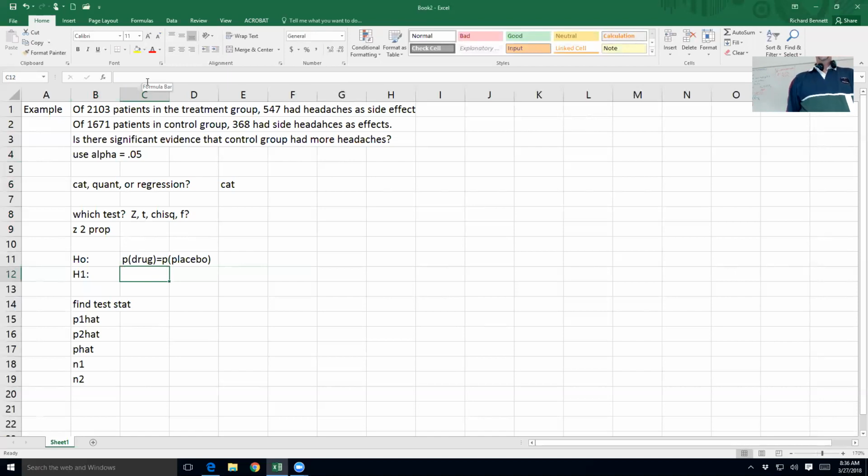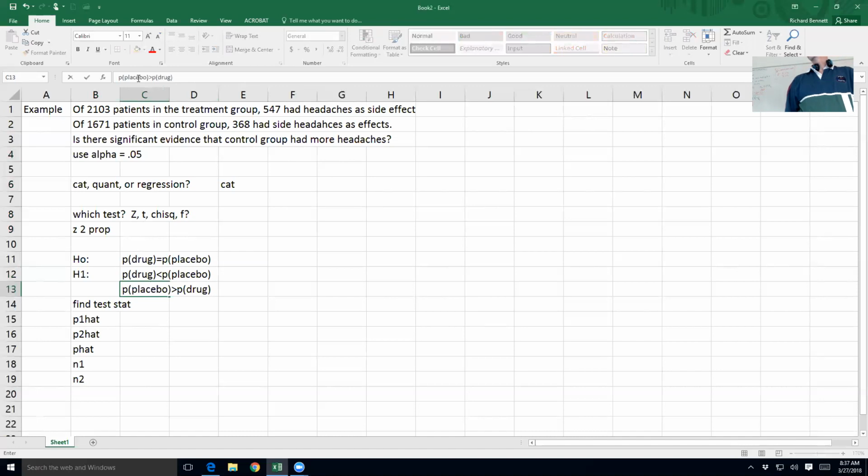if you read the drug and the placebo this way, then you know which way you're doing your sign. So if they say P drug is going to be less than P placebo, could I say P placebo is greater than P drug? Would that be true as well?